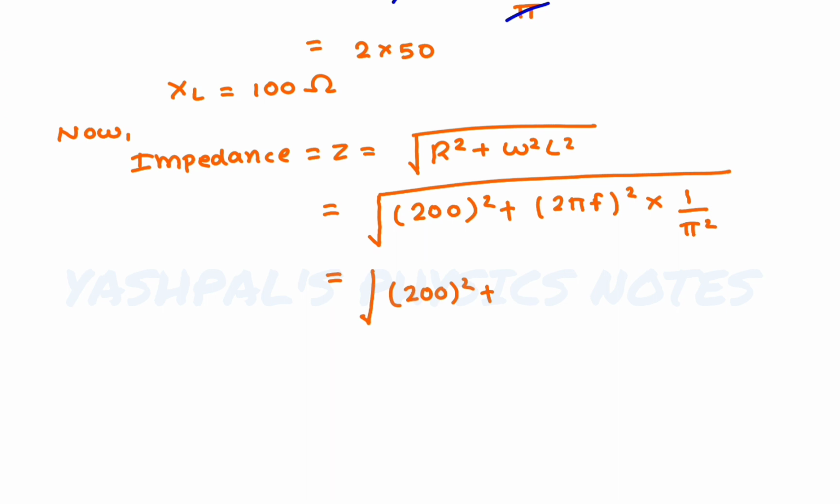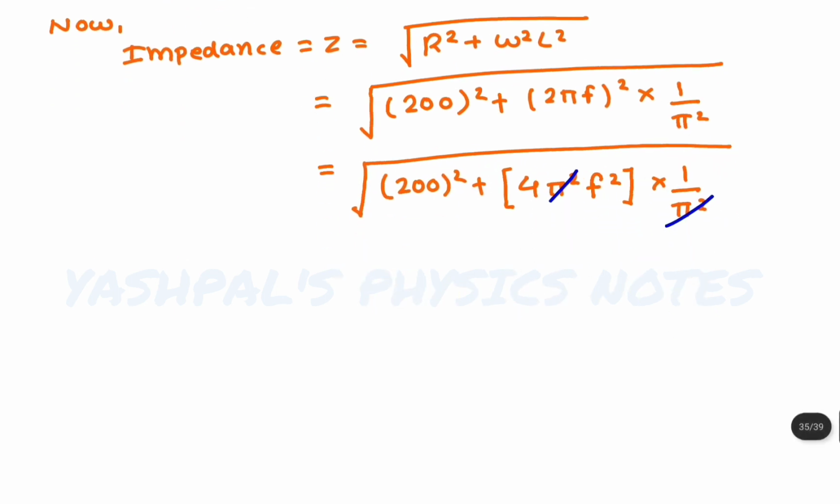Wait a minute. If we square this term, what will we get? 2 square is 4, pi square, and this is f square into 1 upon pi square. So here I can cancel out pi square since it is in multiplication. This is under root.